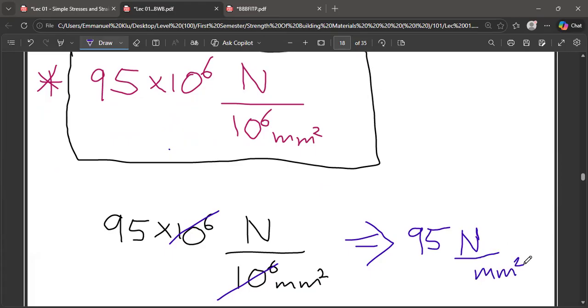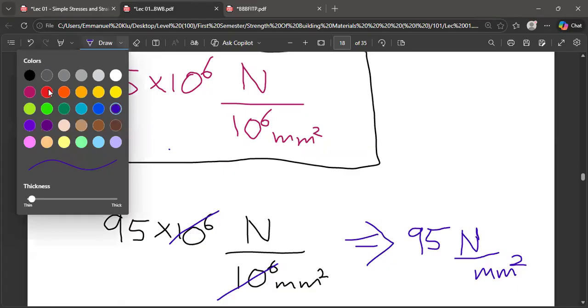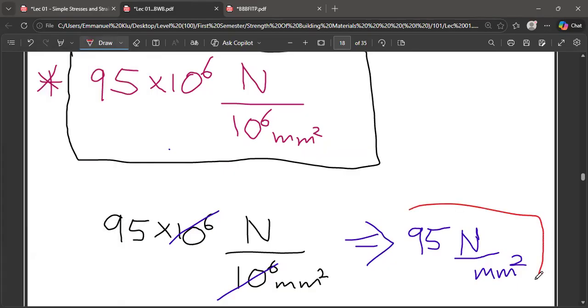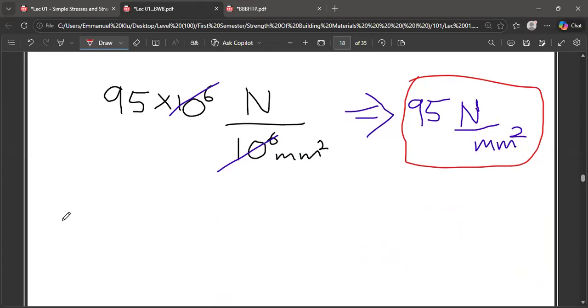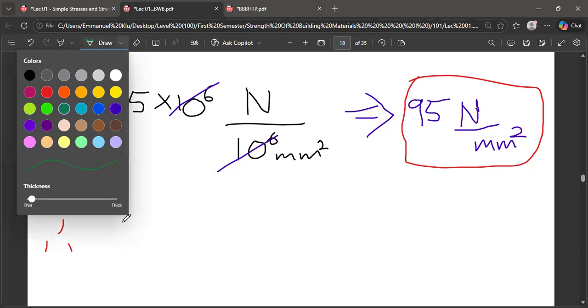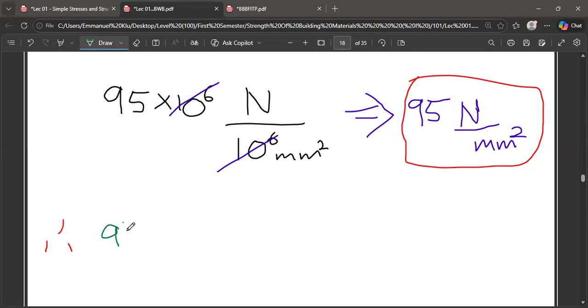Millimeter squared. 95 Newton per millimeter squared, which is the answer we had. So finally, we can say that therefore, our final answer was 95 Newton per millimeter squared.